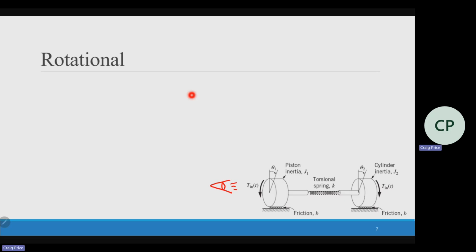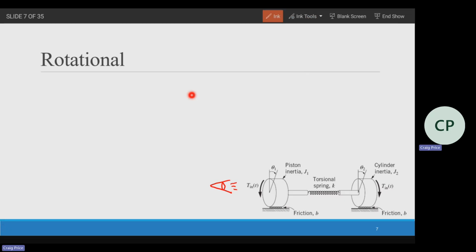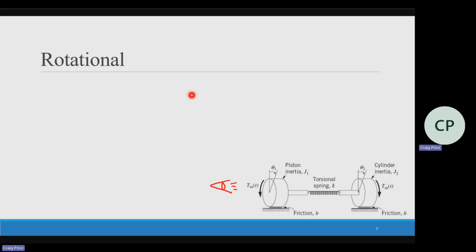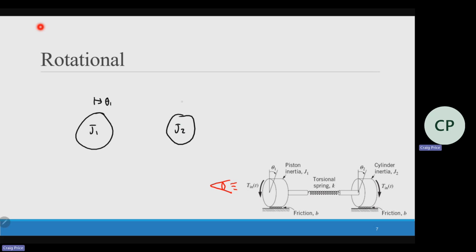That's an important part. So for example, and I will post these slides, if I'm looking from this direction, I've got J1, I've got J2. So that means theta 1 is going this way, theta 2 is going this way. And then I can put my different torques in.